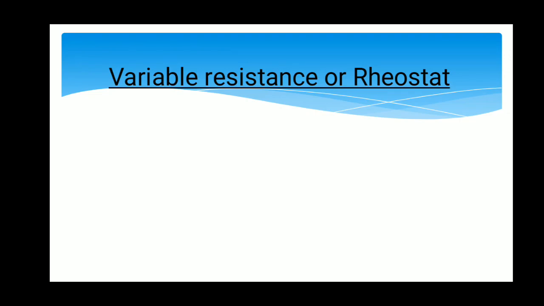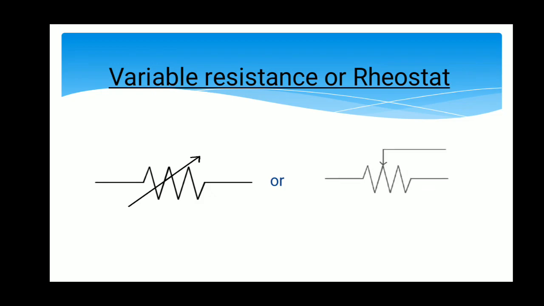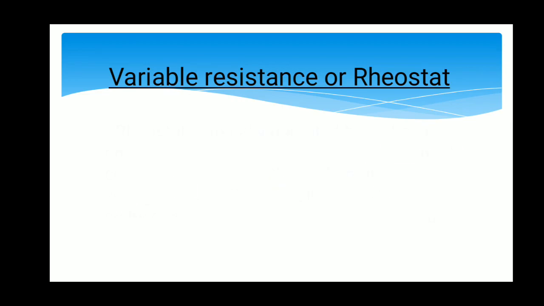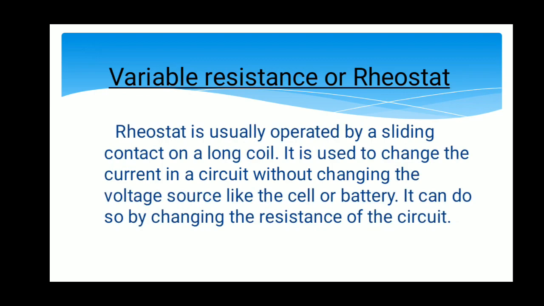Variable resistance or rheostat. Variable resistance has two symbols which are shown in the figures. Variable resistance is also known as rheostat. A rheostat is usually operated by a sliding contact on a long coil.